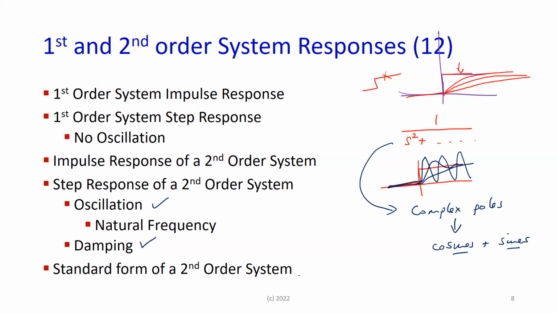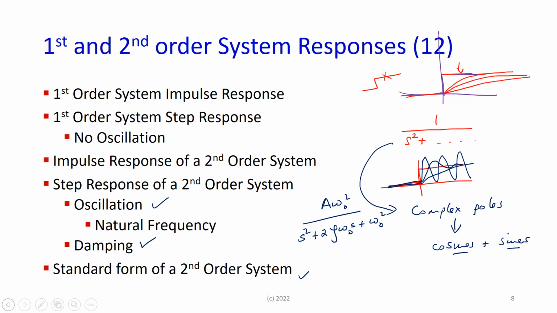And then we saw the standard form of the second order system, which is something that you have to memorize: A omega naught squared over s squared plus 2 zeta omega naught s plus omega naught squared.